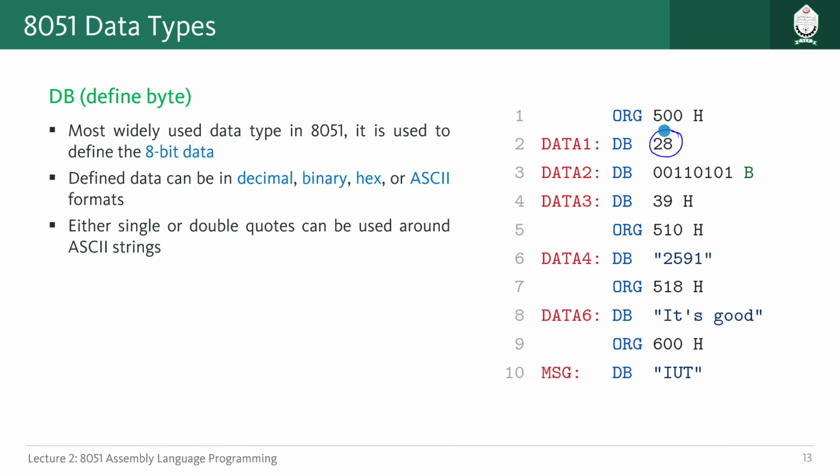The answer is no. I think I gave the same answer there also, but later on I verified myself and I saw that if you give a value here which is more than 255, any value that is more than 8 bits, it will cause an error, so the assembler will detect the error. Okay, so we have to remember that.